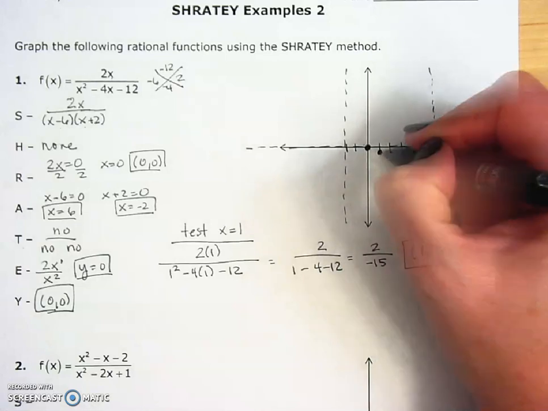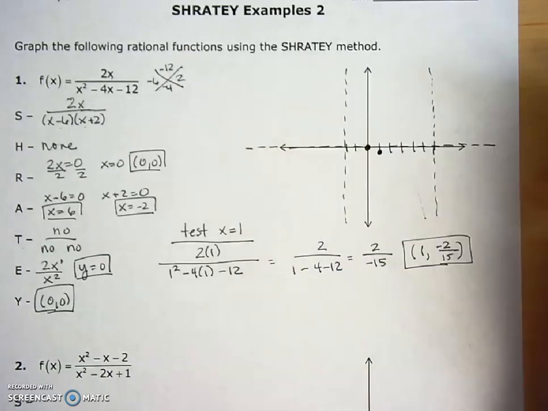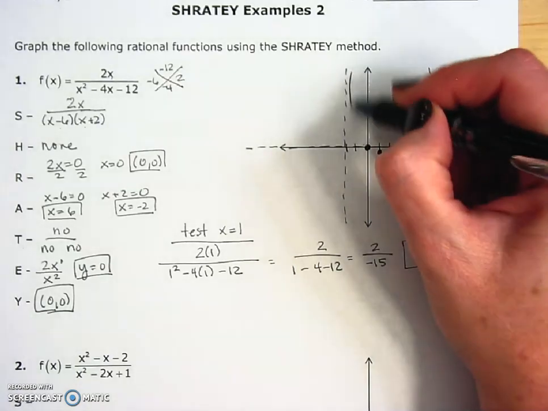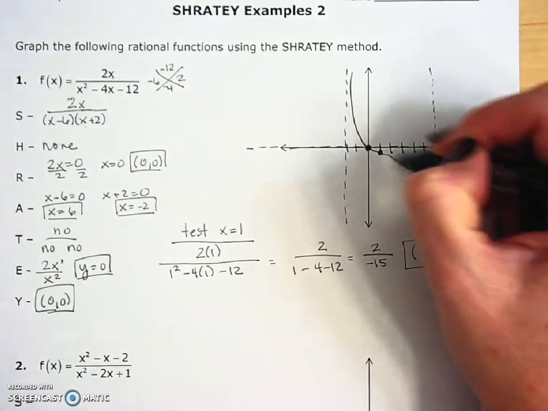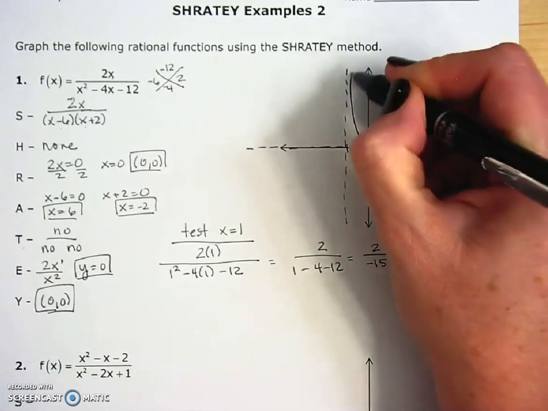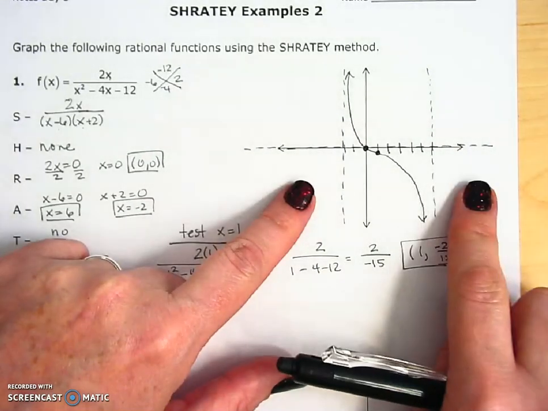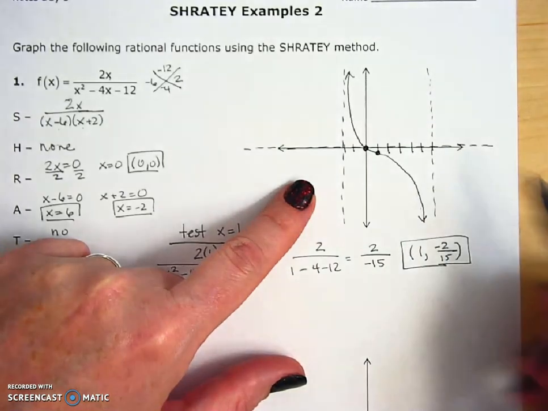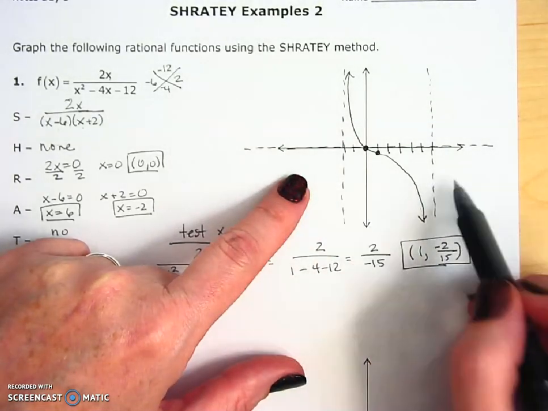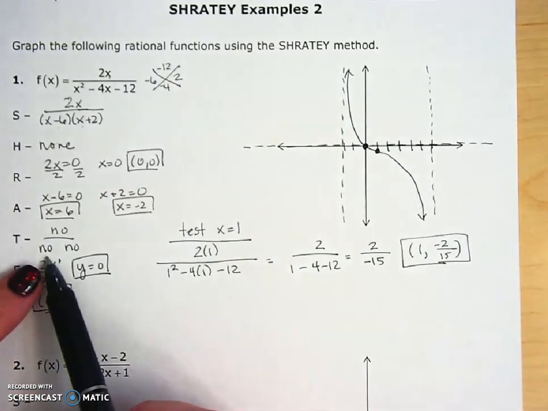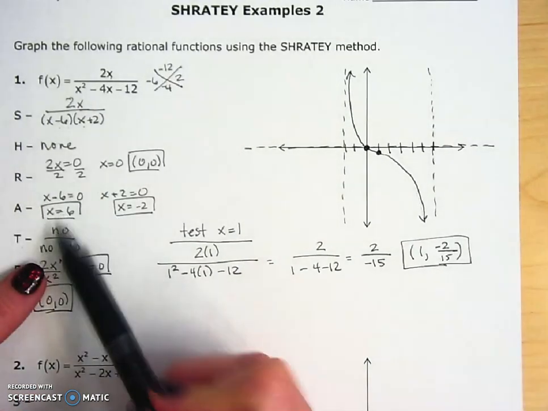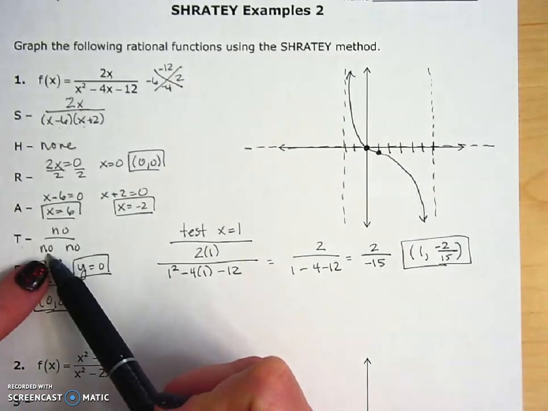So now that I have these 2 points and I know my shape is an x cubed, I can fill that in here. Now I know my end pieces are going to be L shapes. I just need to know how their behavior is going to be on either side of the asymptote. So I look at my asymptote information. For x equals 6, I said not together.